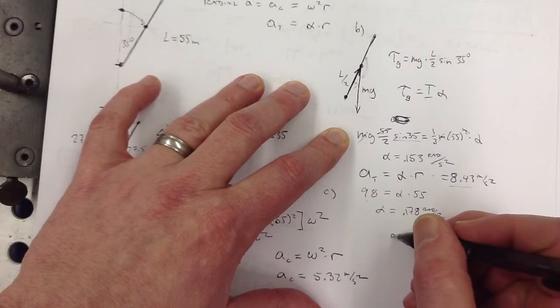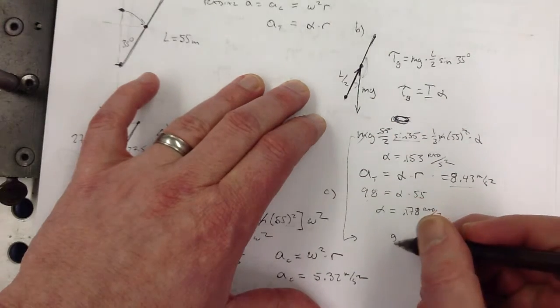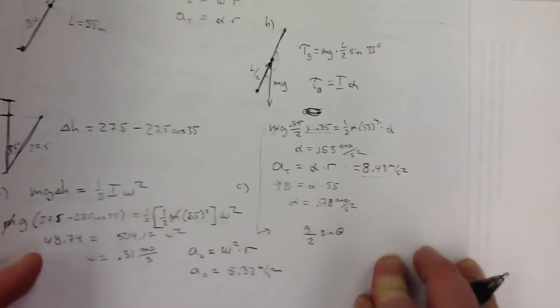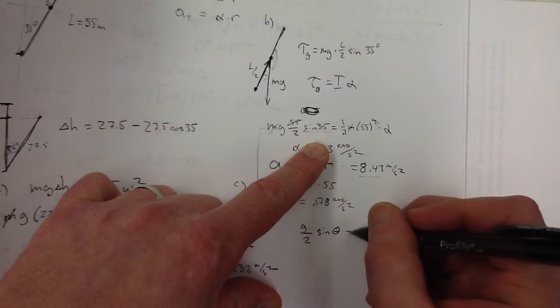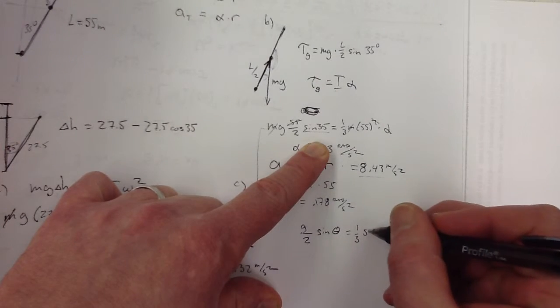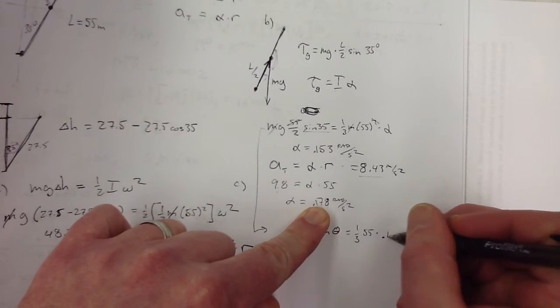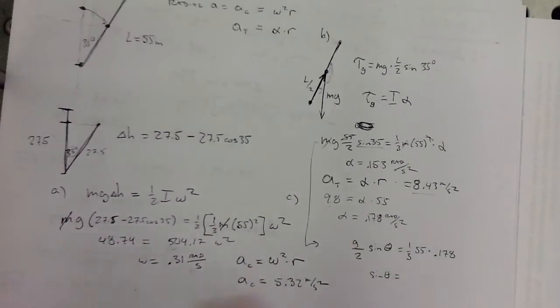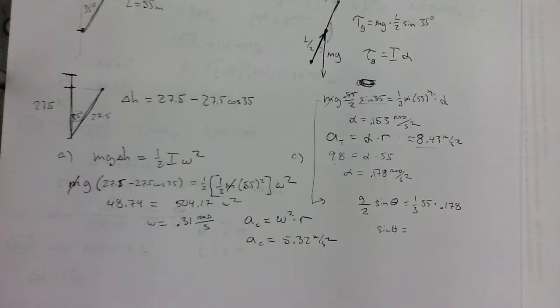I'd have still, just copying this here, g over 2 times the sine of that special angle I'm looking for is equal to 1/3, one of the 55s cancel, times 55 times 0.178. So the sine of my special angle would be 1/3 times 55 times 0.178, and g over 2 is 4.9, so divided by 4.9.